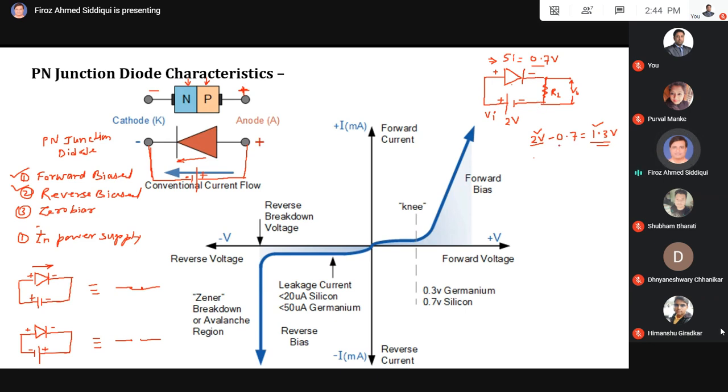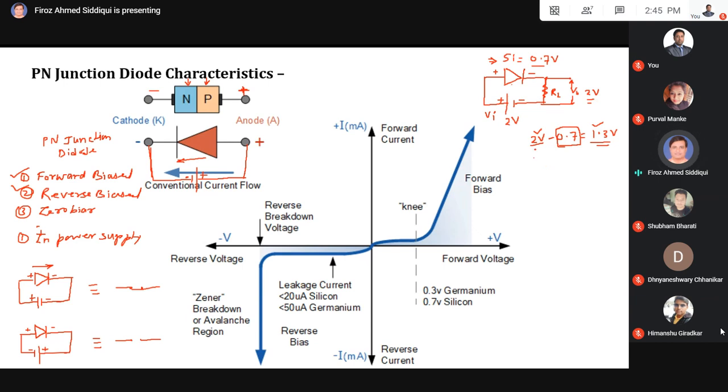There will be no voltage drop like this 0.7 volt, and this 2 volt entirely will be available across the load resistor RL. So the entire 2 volt, that is the supply voltage, will be available across the load resistor. You consider the ideal diode, but in a practical diode it is 1.3 volt. So 1.3 volt as compared to 2 volt is not negligible.